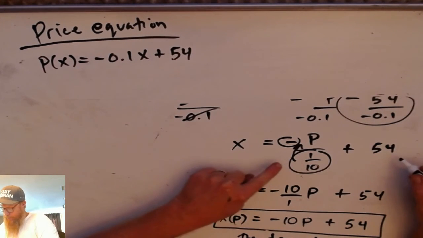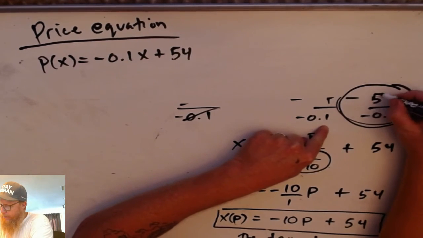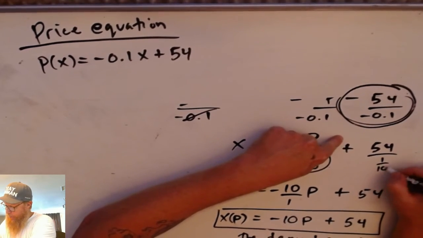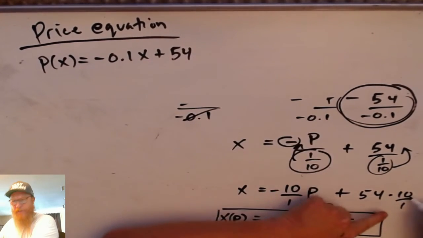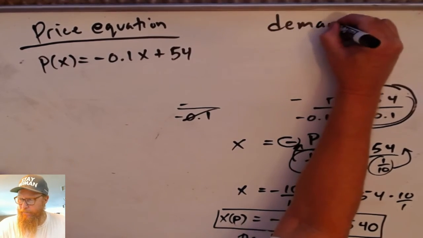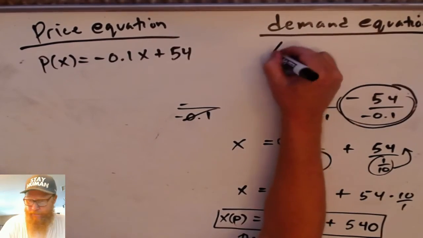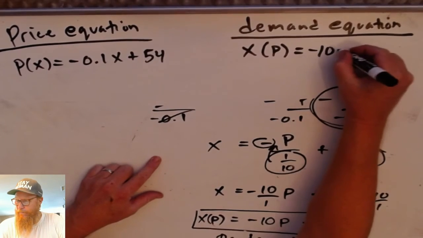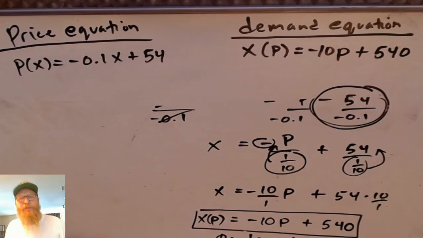I think I made a math error here. I'm glad I caught it before I erased it. 54 divided by 1/10. I also need to divide that by 1/10. So that's 10 over 1, so that's 540. Probably would have discovered that as soon as I asked any additional questions.